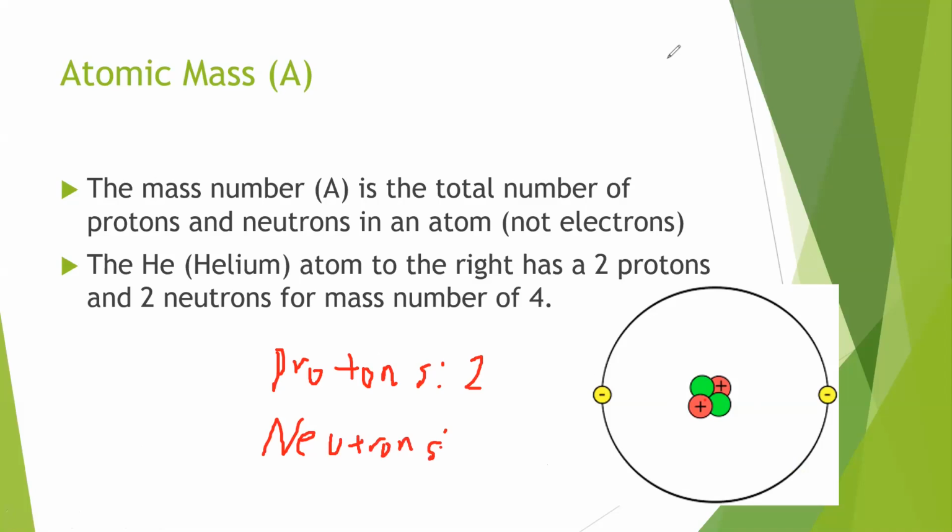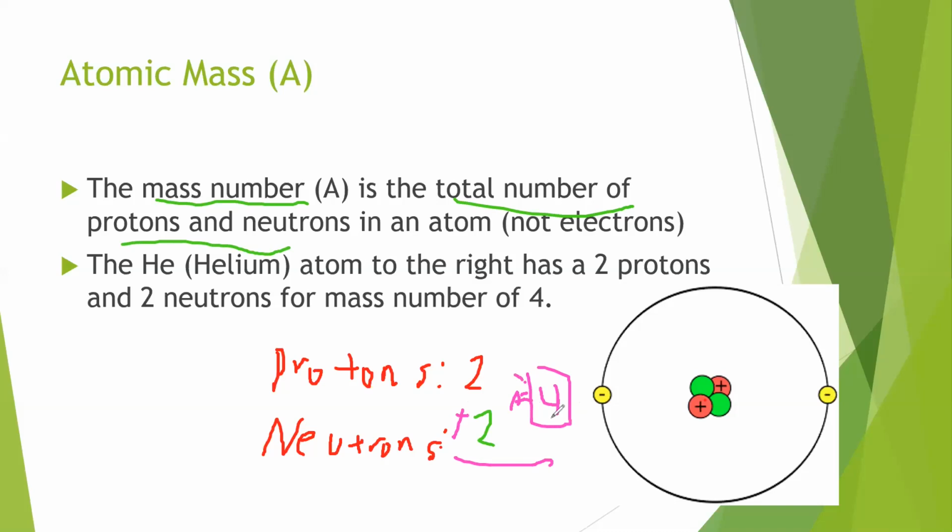I'll change my color to green so it matches this. There are 2 here. So remember, the atomic mass, A, is the total number of protons and neutrons. So we just add up these numbers and we get 4. So A equals 4. So that's the mass number.